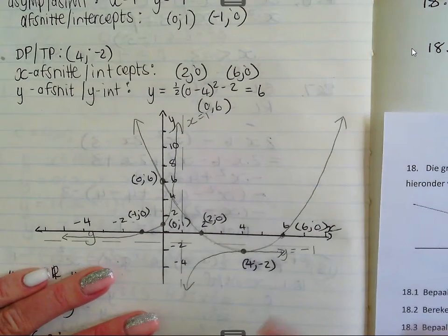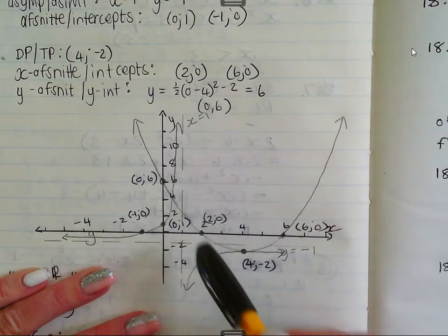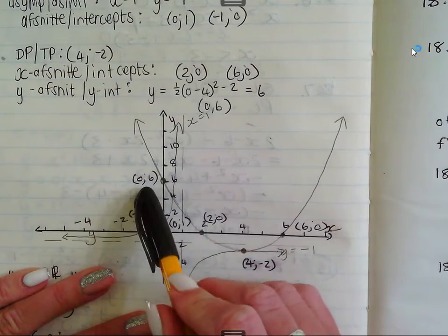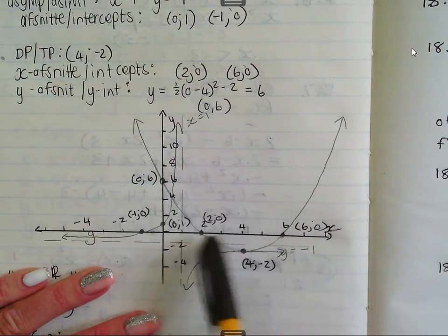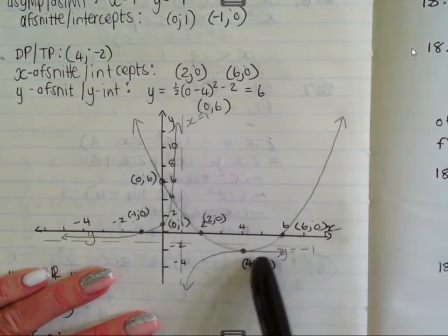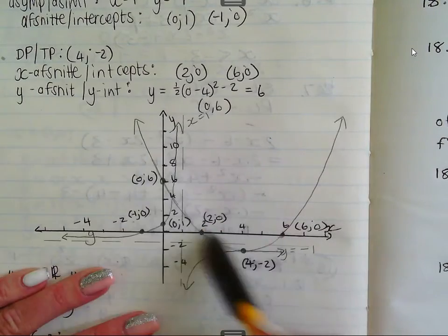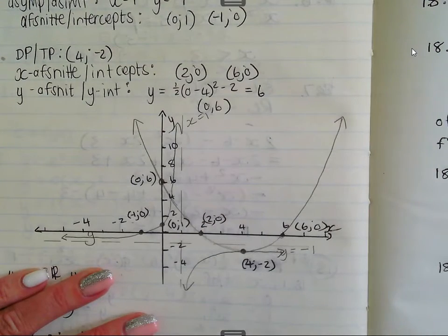With the quadratic function, y-intercept labeled, x-intercepts labeled, turning point labeled, join the points. Did you get it right?